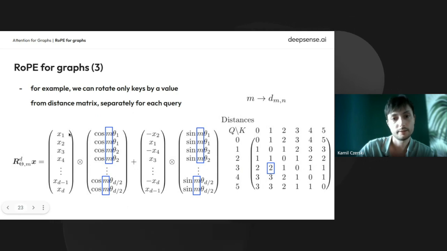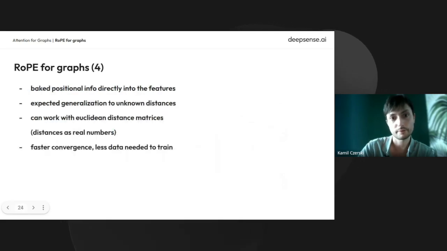For example, let's say that it's a key, so all features from the key. But as I showed before, it works on pairs, so you can think about it in pairs. Here are simplified calculations, without matrix multiplication: you have a dot, you have these element-wise multiplications, and this is how you calculate this RoPE. It works for graphs.